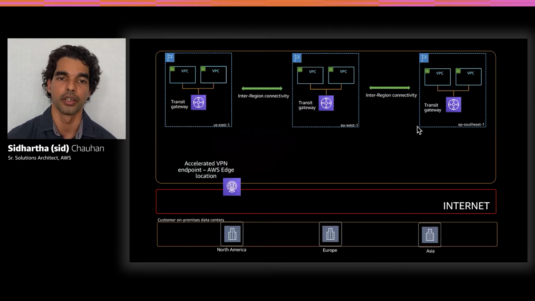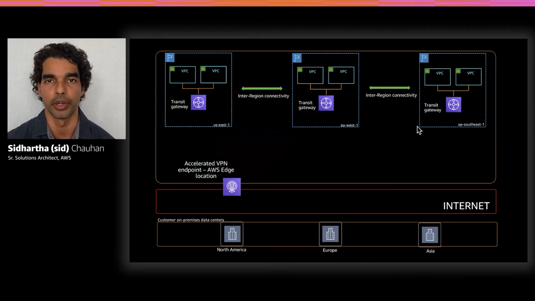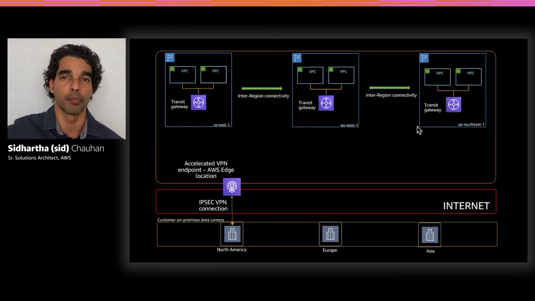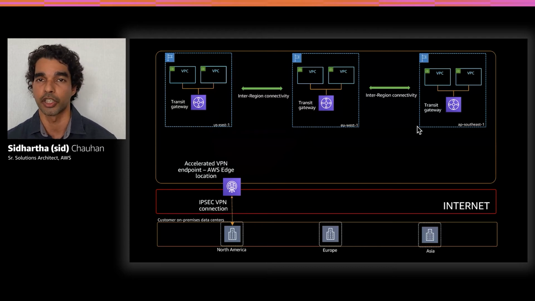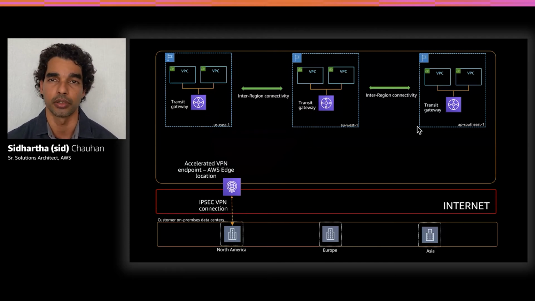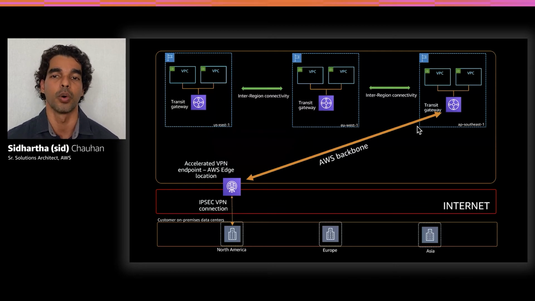And we can do that using accelerated VPN endpoints. The idea here is that instead of creating an IPsec VPN connection from your North American data centers to a remote endpoint in Europe or Asia, why don't I create an IPsec connection to the nearest Amazon edge location? And from there, back to the remote region, it's completely over AWS backbone. So we no longer have the uncertainties of internet.